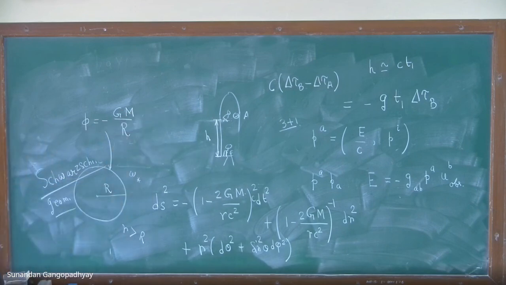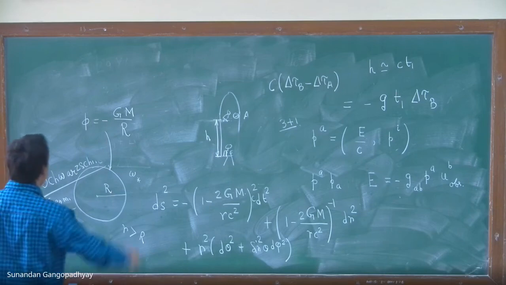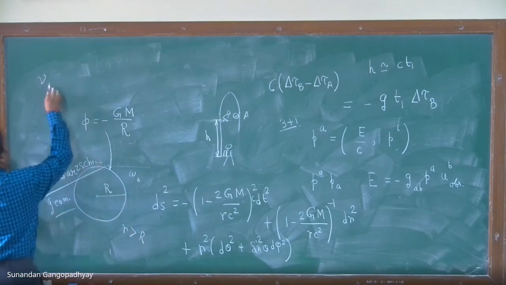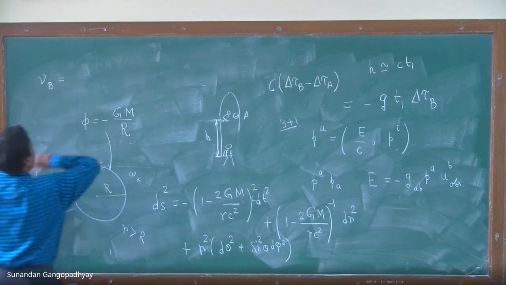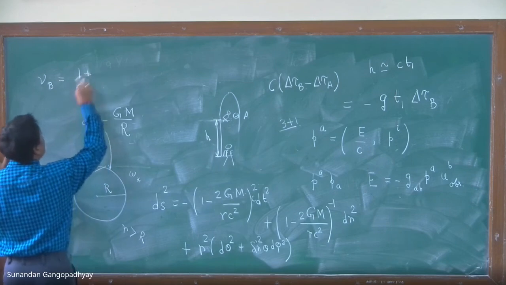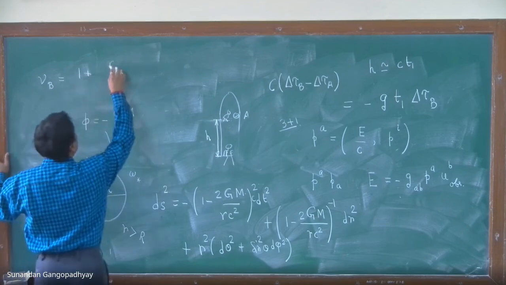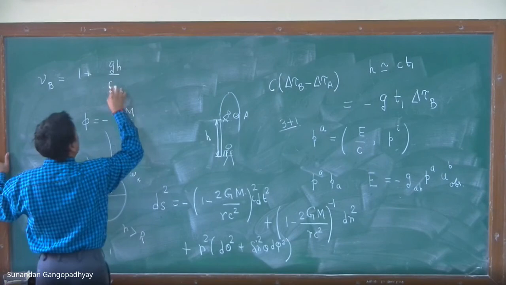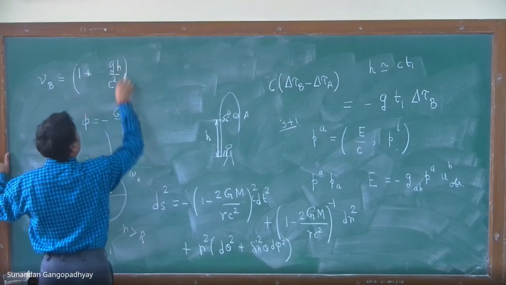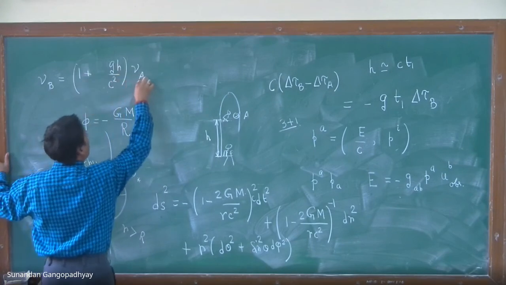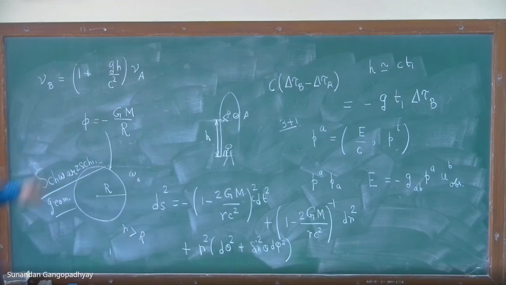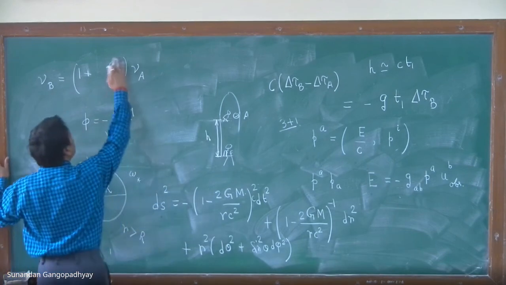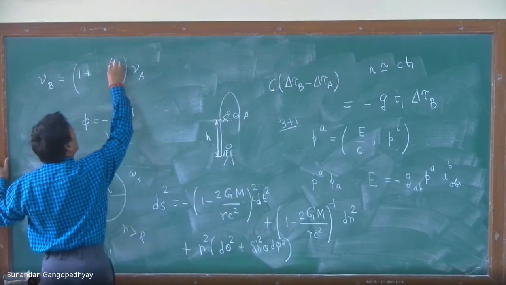And also, if you remember, this result was mu plus mu b, 1 plus gh by c square. And what is this gh? You can write this gh as delta phi.